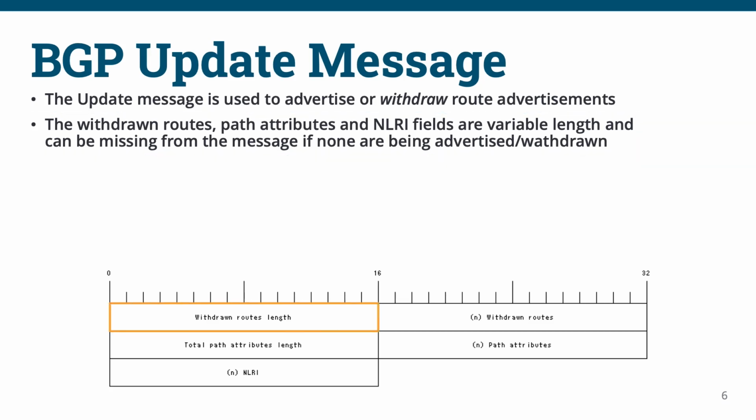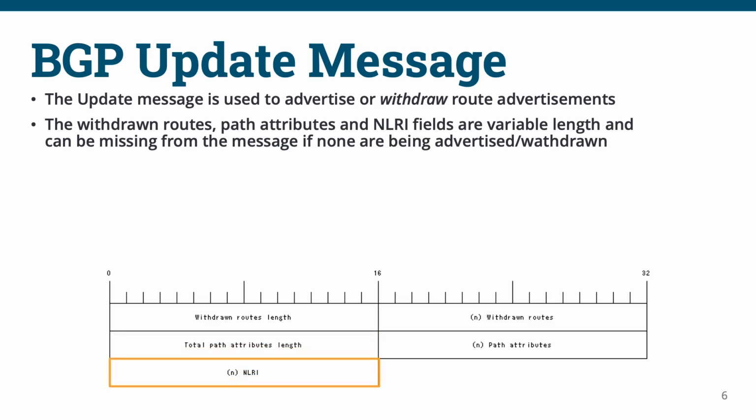Because of this, the first 2 octets of the message are the length of the withdrawn routes field. Then the following variable length field includes the information for those withdrawn routes. The following 2 octets of the message are the length of the path attributes field.